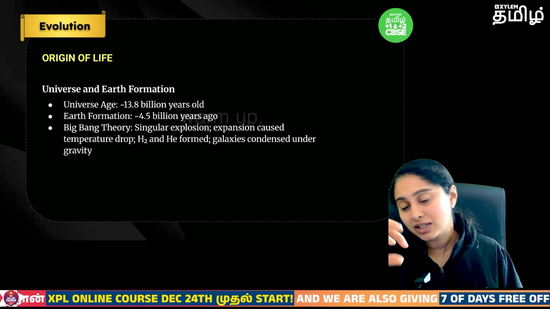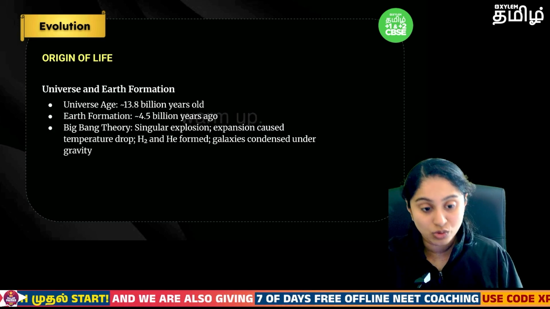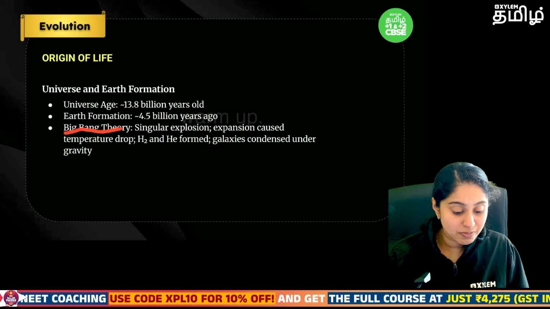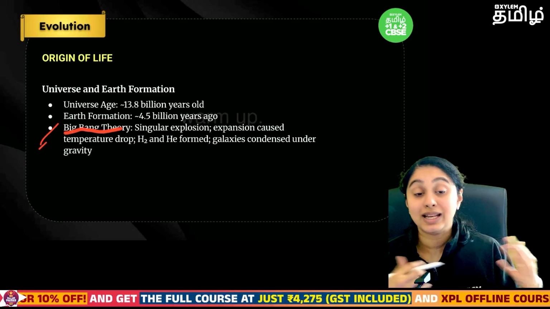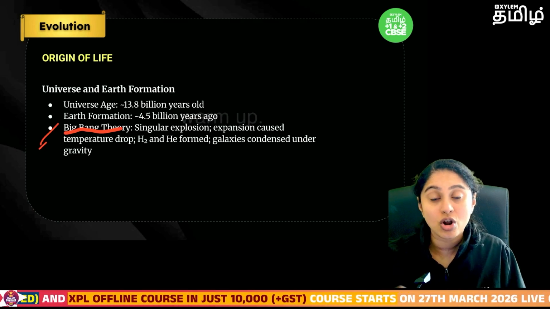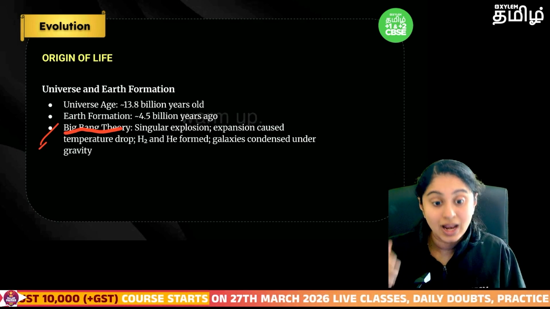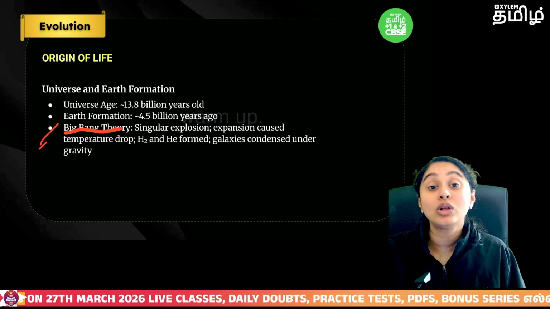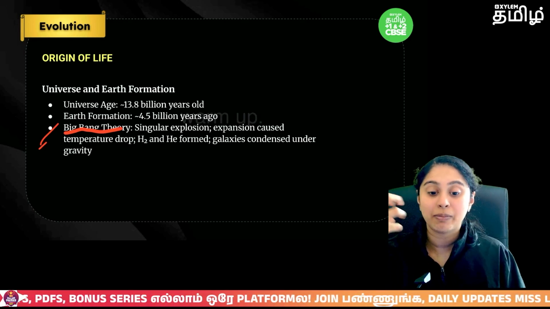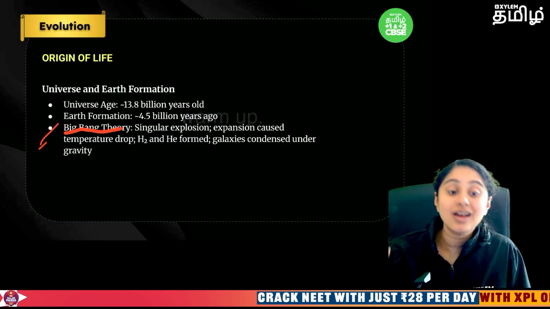We believe that there was one mega explosion that we call the Big Bang theory. This single explosion caused the temperature to drop, the pH to come back to normal, and through that all the gaseous clouds formed the galaxies, and then the particles came together and formed the planets.